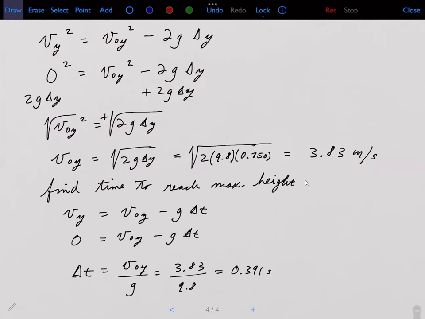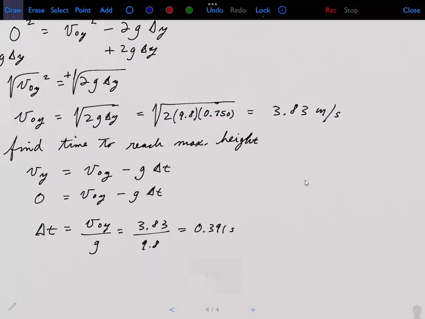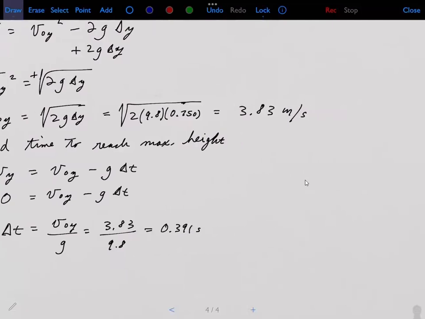Okay, so how far does he travel horizontally during that time? Well, we know the initial velocity in the x direction was 5, and we know the time, so we can figure out delta x. Now remember, in the x direction, we can use this equation.